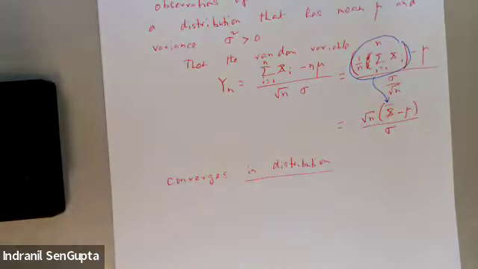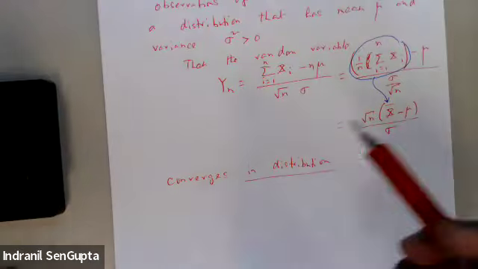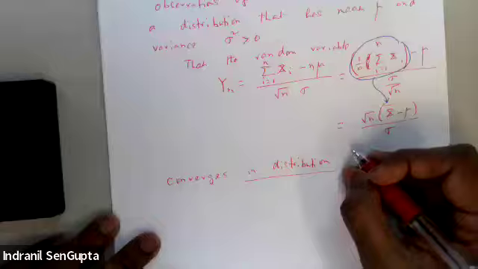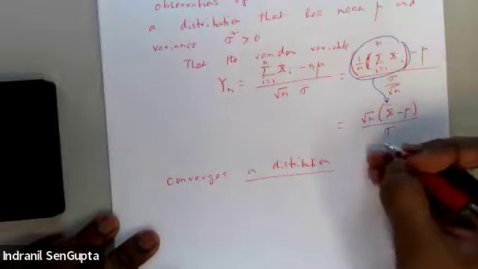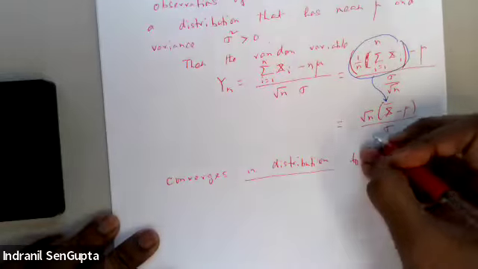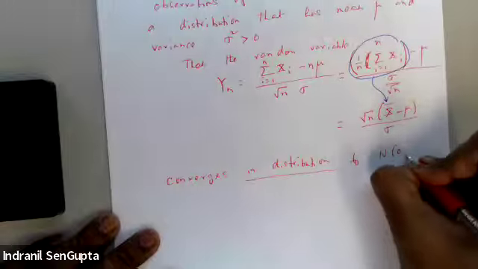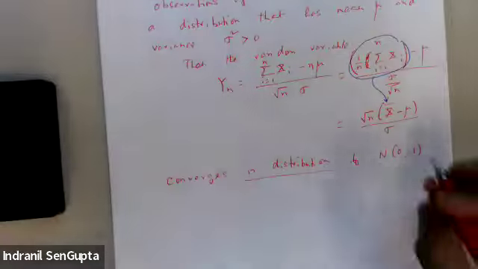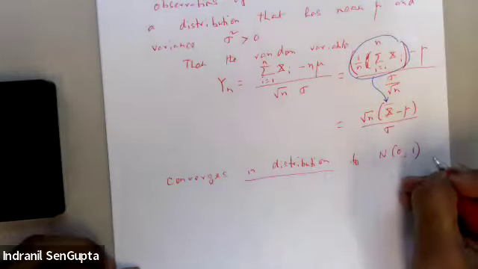This is whatever we discussed in the last class. There are two different kinds of convergence: convergence in probability and convergence in distribution. Here we're talking about convergence in distribution. So this is converging in distribution to normal 0, 1, the standard normal distribution.